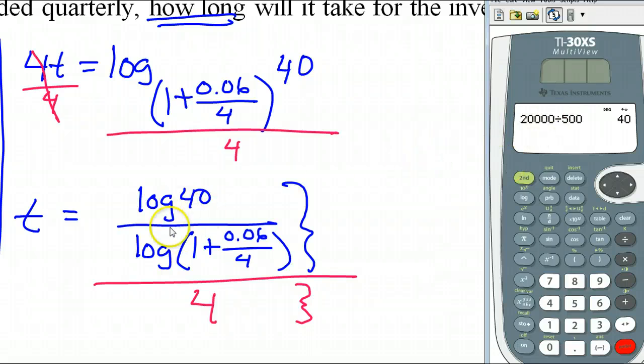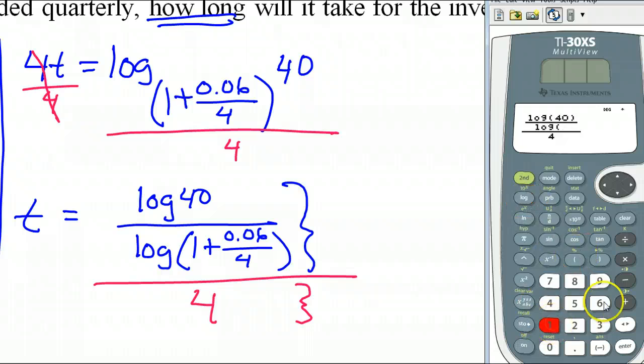So watch how this goes. Obviously we're going to need a fraction, so fraction mode. Now the denominator, let's do that first just to make it really obvious. The denominator is simply 4. That's it. Now the numerator has a fraction in it, so you need to hit the fraction button again. Now we have a fraction in the numerator. So we will type in the blue part now. We have log 40 up top, and in the lower part of the numerator we have this ugly thing.